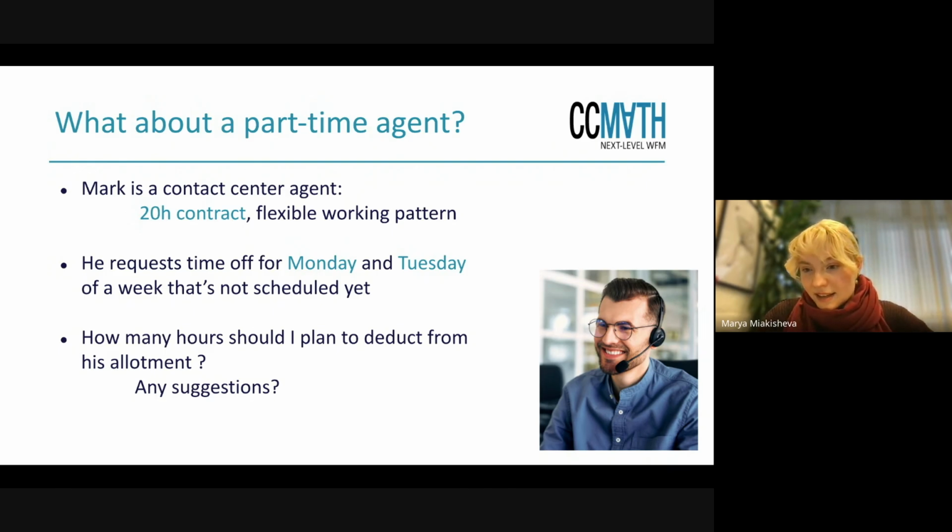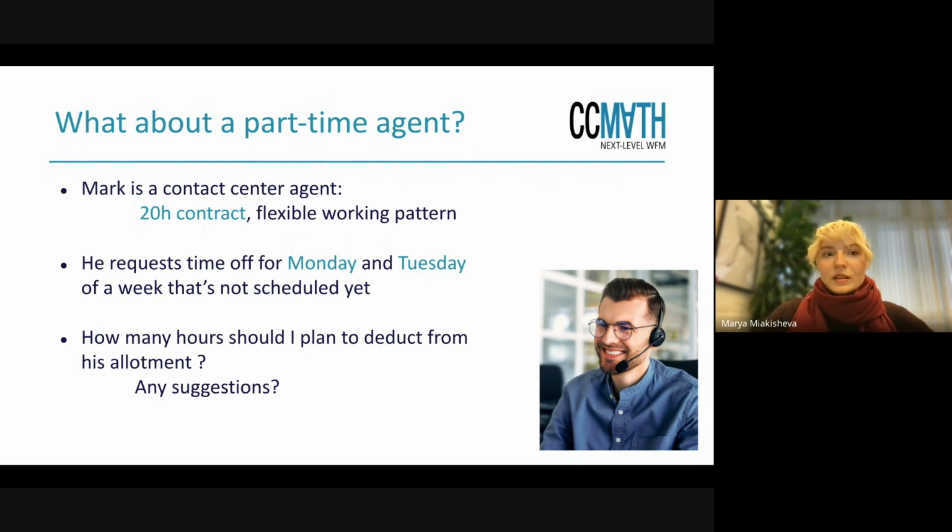I see, okay, depends on the labor law, depends on the agreement. He could do 20 hours in the remaining 3 days, or deduct none. You can schedule his 20 hours on the other days. Okay, these are all very nice suggestions. Here we're thinking about the situation where we are not looking into scheduling yet.